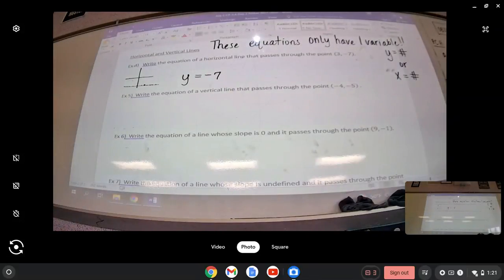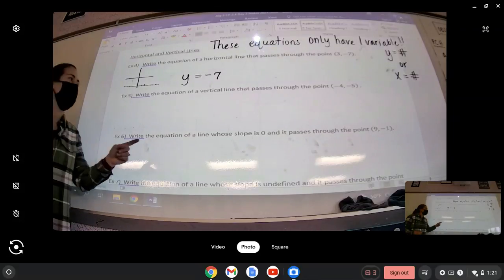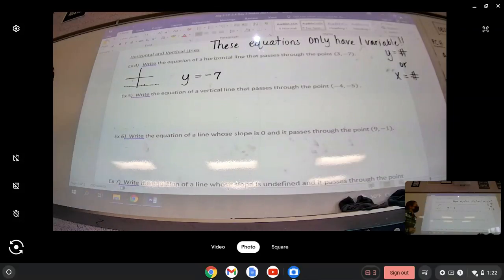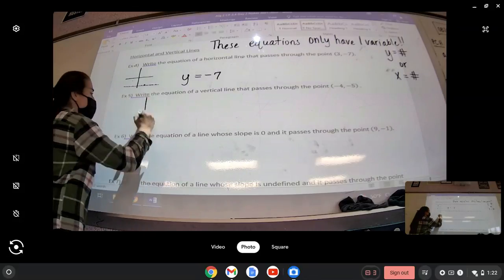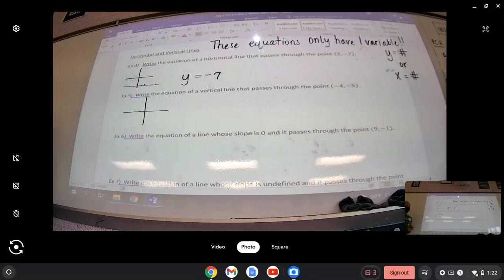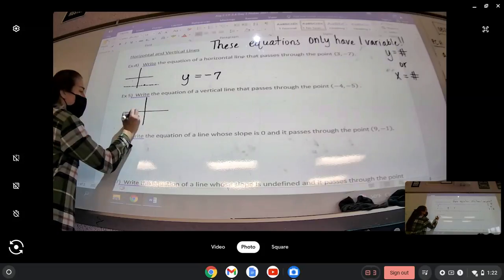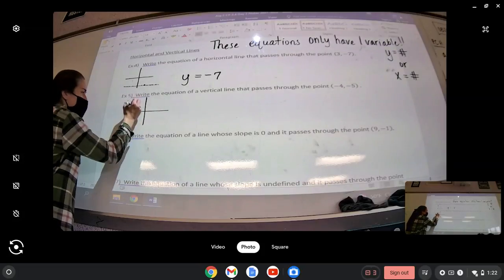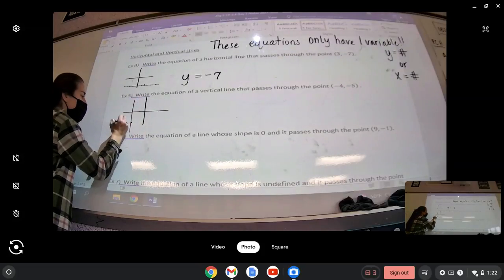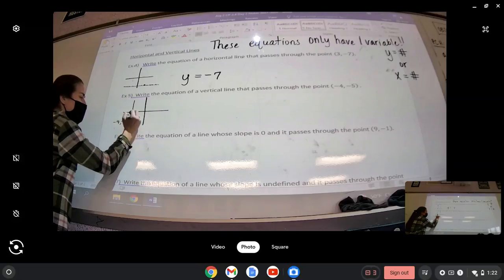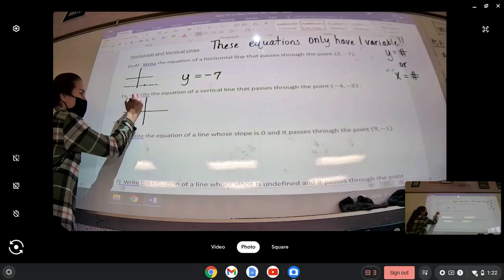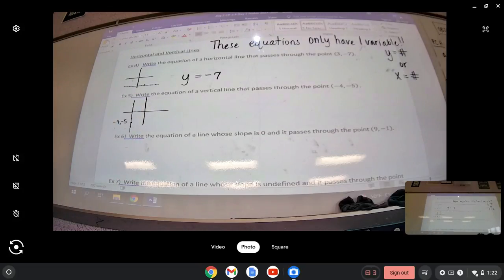All right, look at the next one. Write the equation of a vertical line that passes through the point (-4, -5). The picture helps: you have a coordinate plane and a vertical line passing through (-4, -5). Now think of all the points that land on that line.